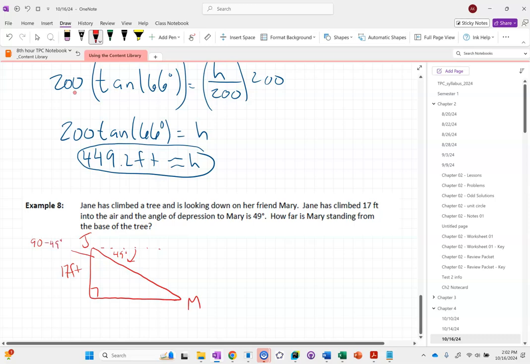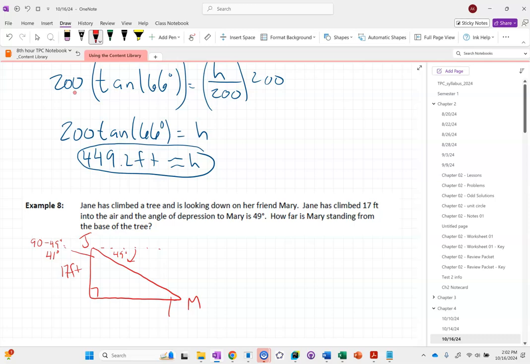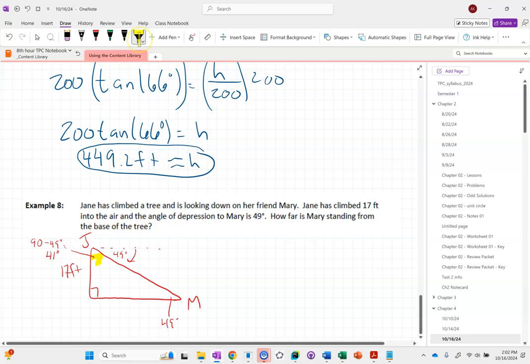The complement to 49. So like 41 degrees. Or what could you put here where M is? 49 degrees could go there also, right? So it doesn't matter how you label that, but it can't have 49 here.